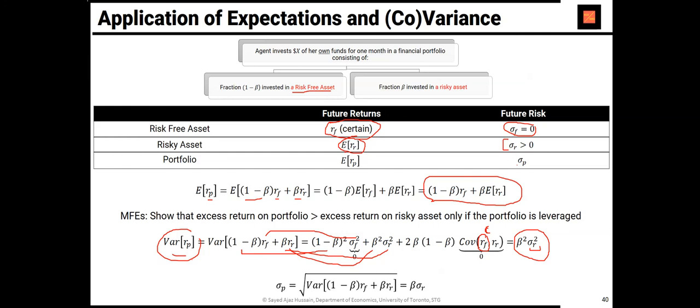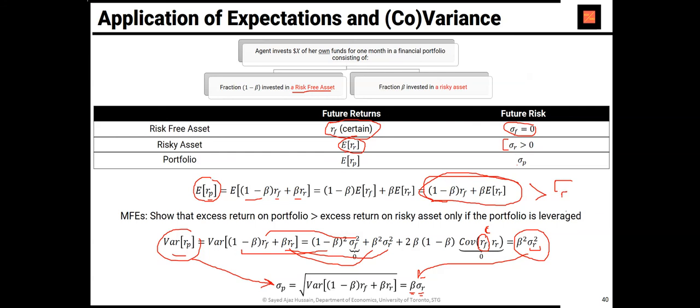When you take the risk of the portfolio, you get a very sexy formula, which is that it is equal to the fraction of your money sitting in the risky asset multiplied by the risk of the risky asset. And by the way, MFEs, you should be able to take this expression: when will the return on the portfolio be bigger than the return on the risky asset?